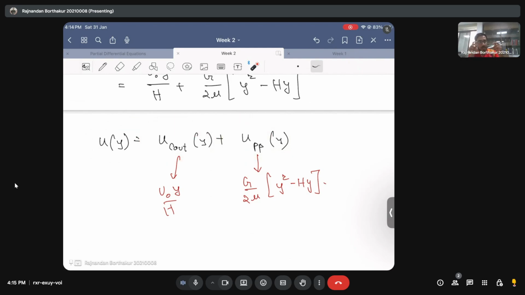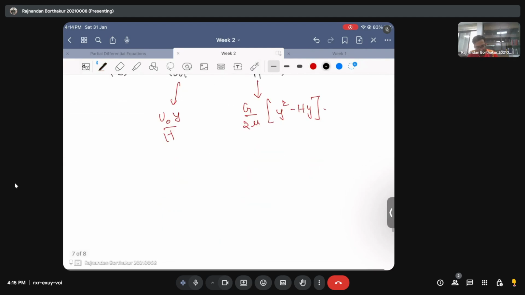That's what I meant at the beginning when I said you can dissect this problem into two simpler problems, because your governing equations are linear in nature. But if you have non-linear governing equations, you cannot apply this principle of linearity. Okay. All right. So this is something you need to understand.